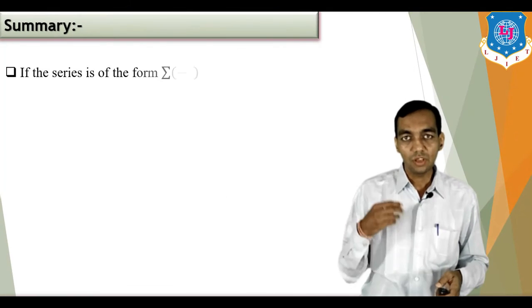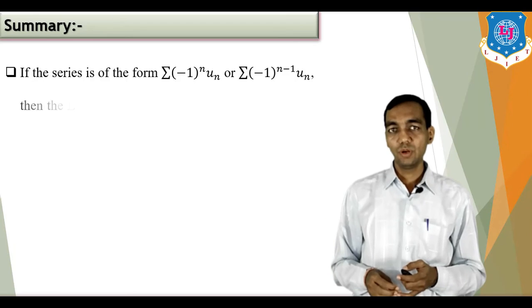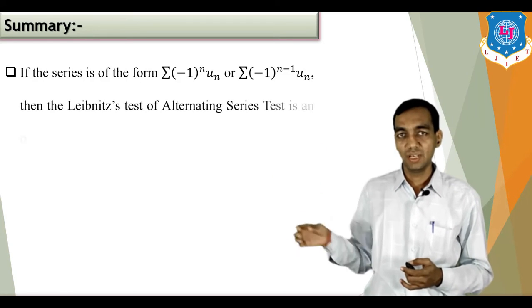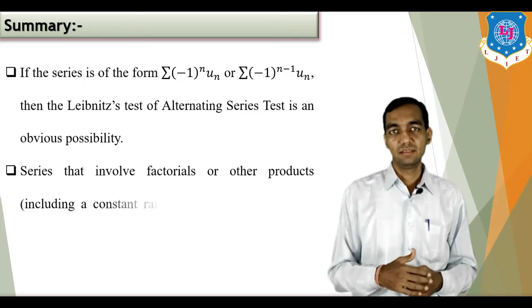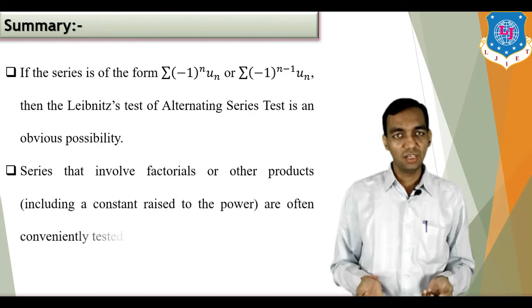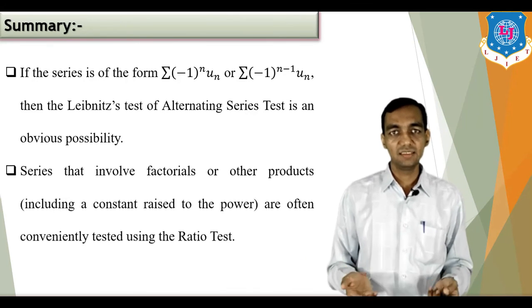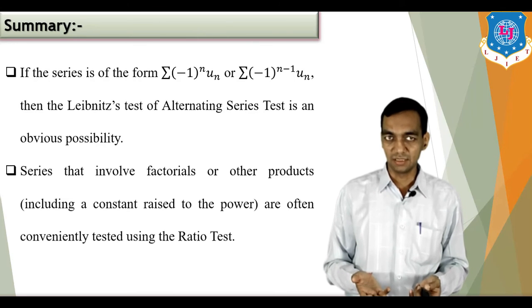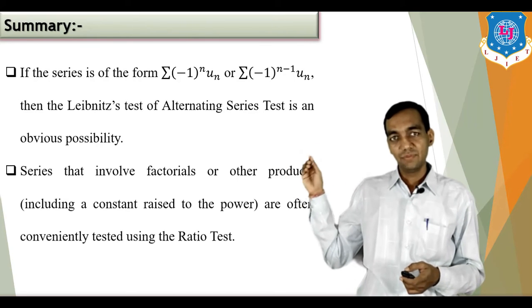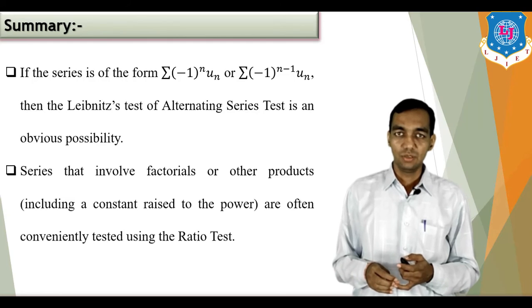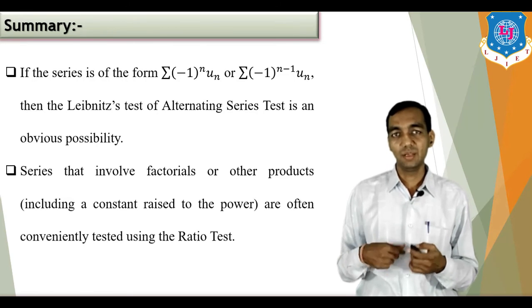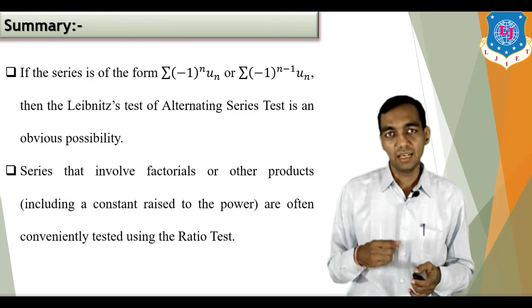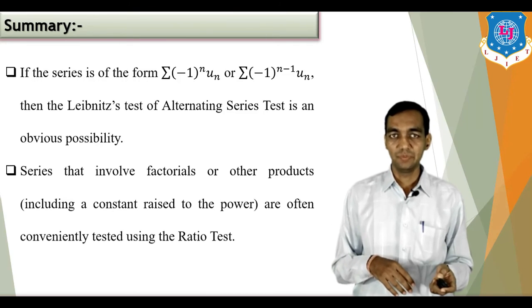Now, if the series is of the form sigma (-1)^n un, that means it is an alternating series, so there is only one test for alternating series, that is nothing but the Leibniz test. In the same manner, if the series contains factorials or some powers of constants or multiplications of constants, then the ratio test is applicable.